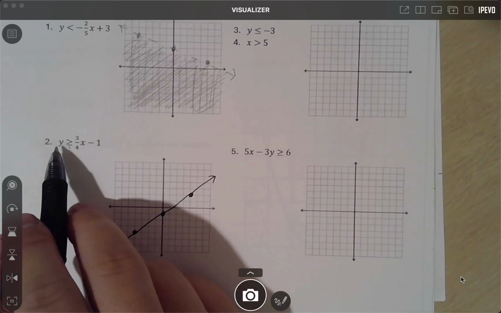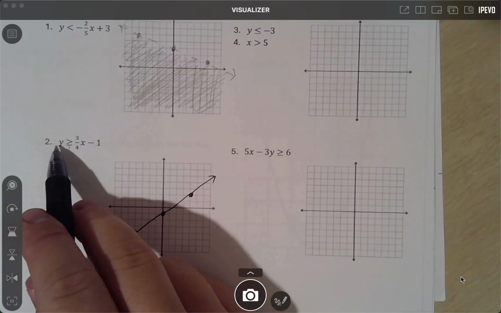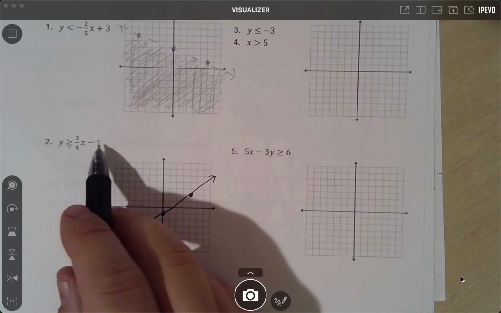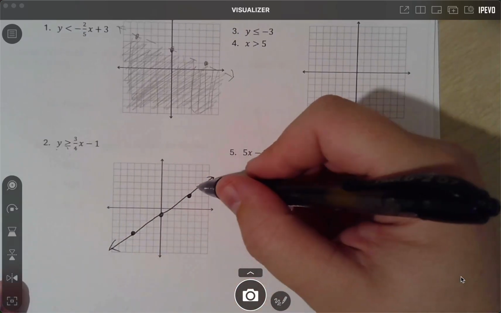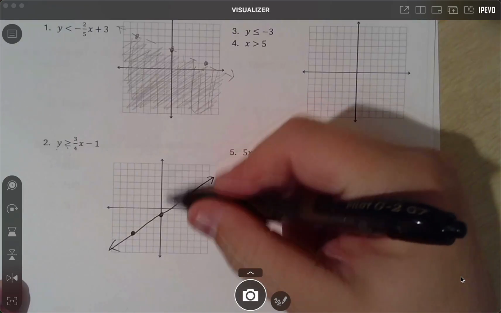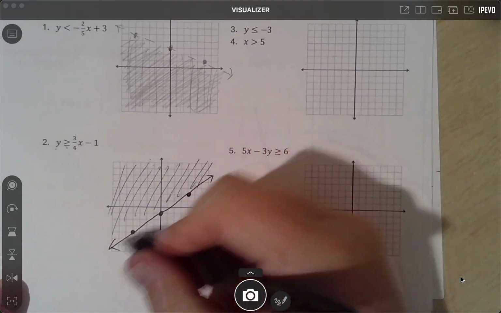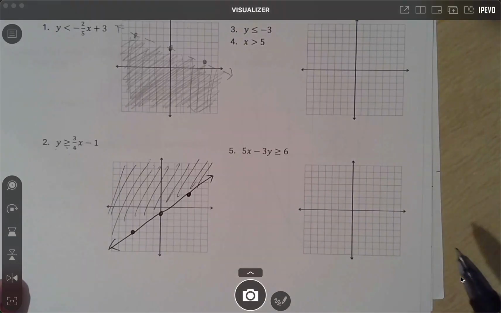And it says y can be greater than my line. I want y values, vertical values, greater than the line you graphed. The greater values are up above, so I'm shading in this area. Drop your paint bucket anywhere here, and you're done.